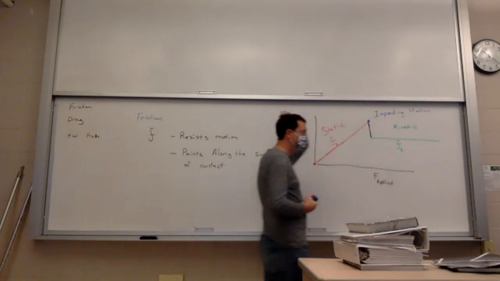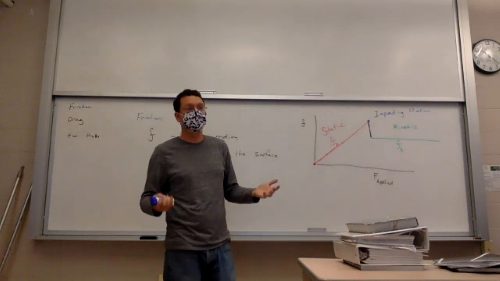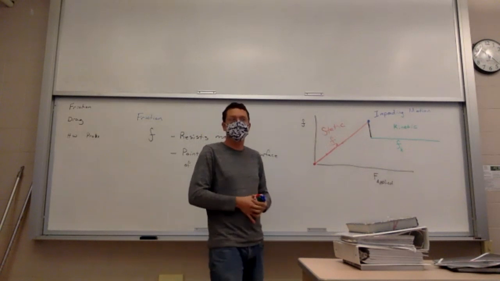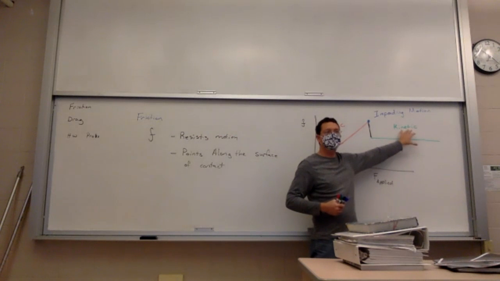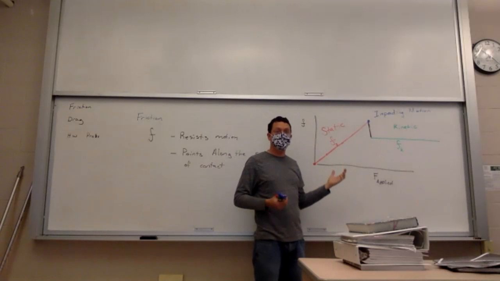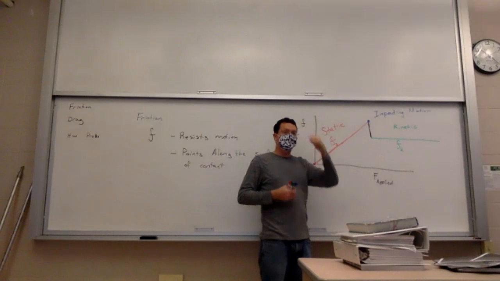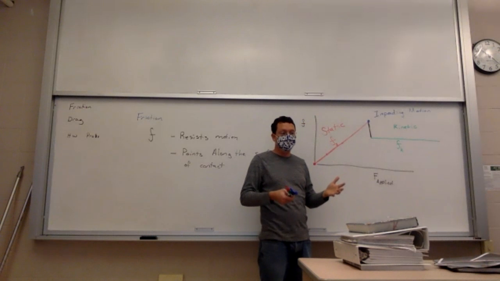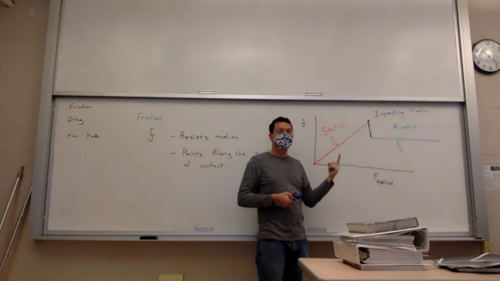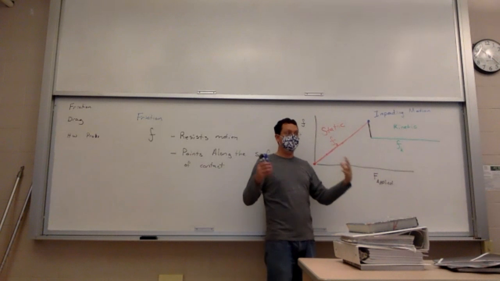Sometimes you're just told it's moving. If the problem tells you it's sliding, then immediately you know you're over here. That turns out to be the easiest case. If it doesn't tell you, a lot of times the problem will describe something happening. First, figure out if it's going to remain stationary.